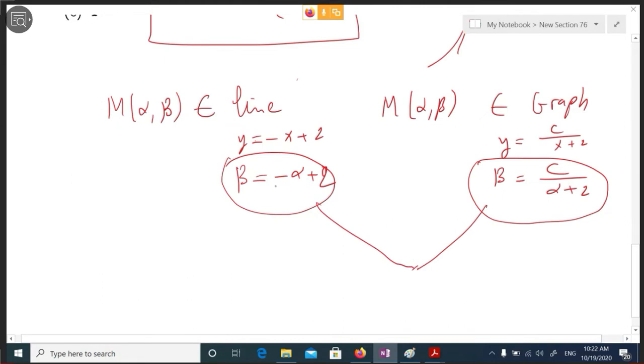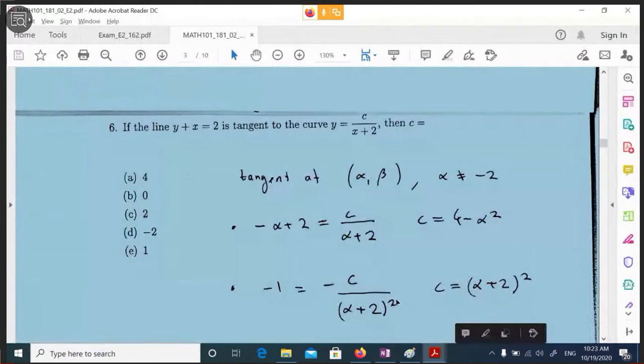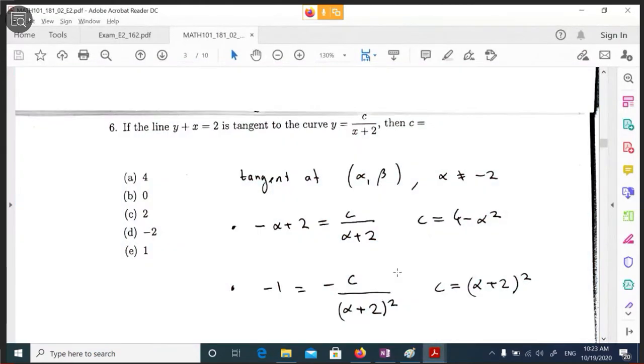Beta is equal to the first number and beta is equal to the second number, so the first is the same as the second: minus alpha plus 2 is the same as C over alpha plus 2, because both are equal to beta. This is the second equation here.